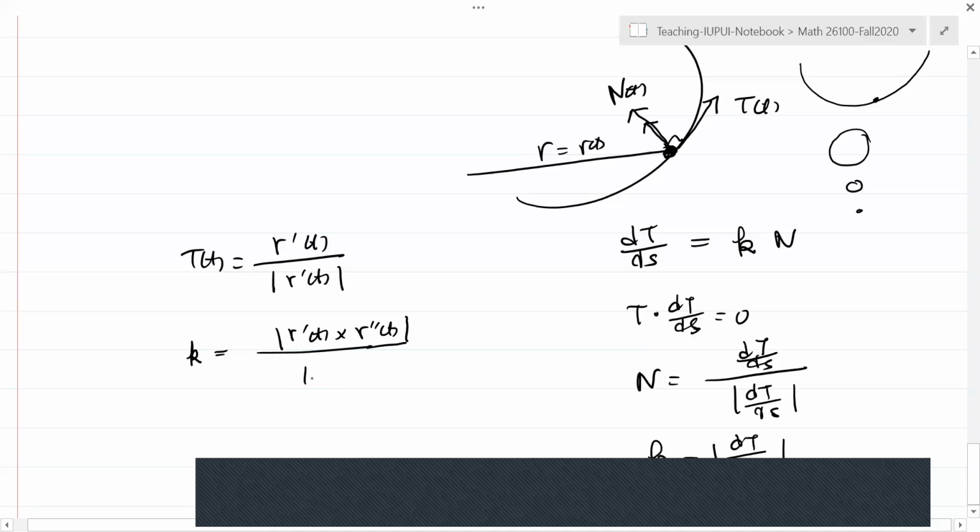You don't need to go through each step, just find the first derivative and second derivative, then take the cross product, take its norm, and divide by the norm of r prime of t, cubed. That is given in the book on page 907.